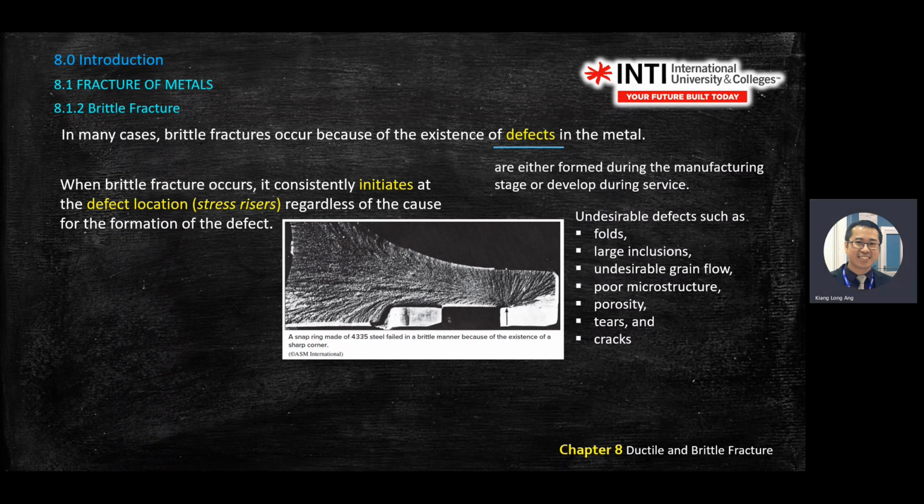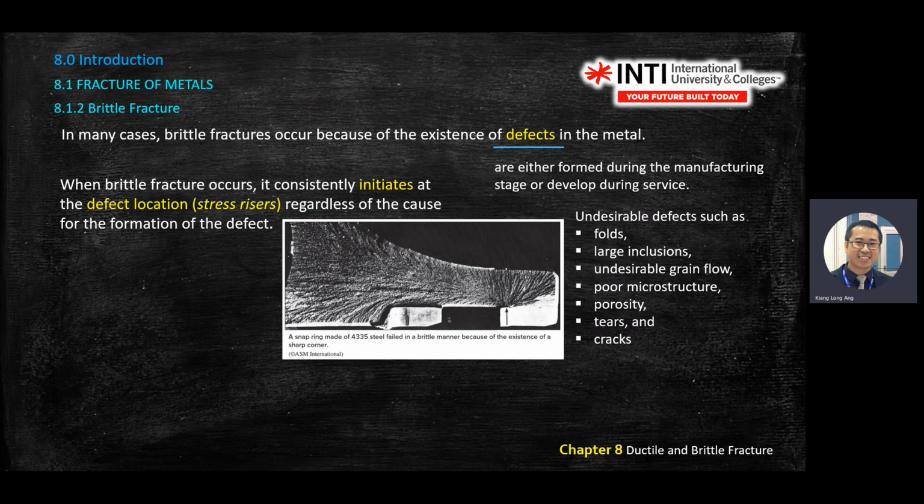So for brittle fracture, it consistently initiates at the defect location or stress raiser, regardless of the cause of the defect formation. So brittle materials are very sensitive to the crack size.